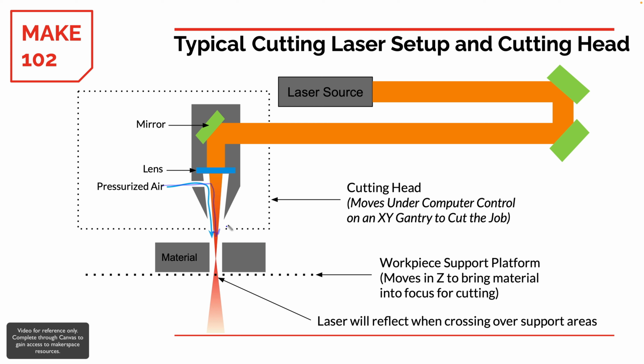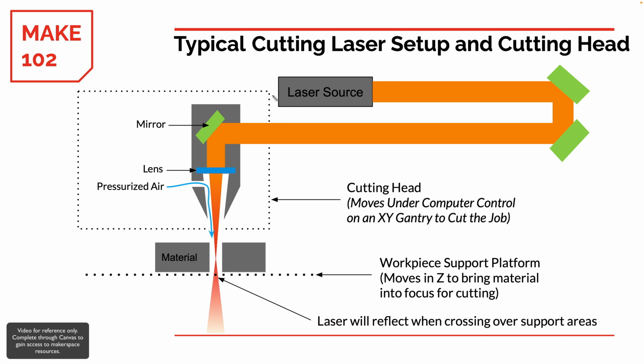This serves two purposes. One is to potentially extinguish any small fires that occur on the workpiece, and two, to prevent vaporized material from condensing on the lens. So we don't want to operate typically without the air on. These lasers do have the ability to turn the air off in settings if you want to, but most of the time that is not advisable.